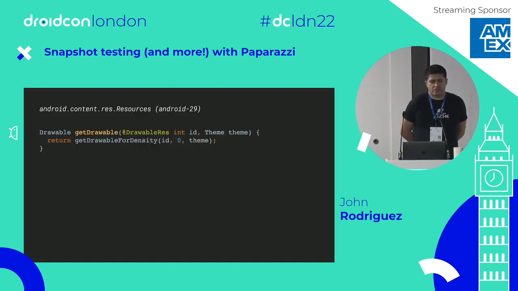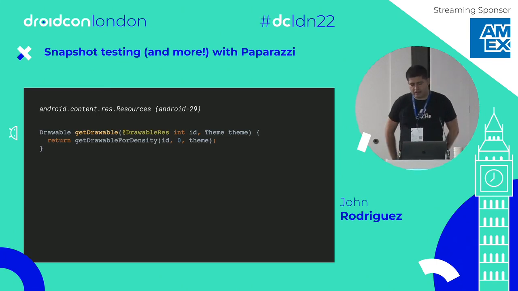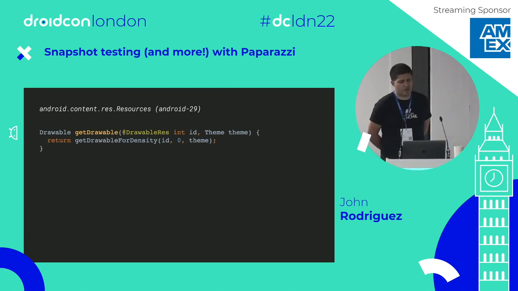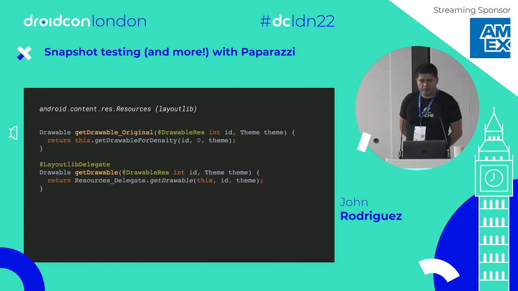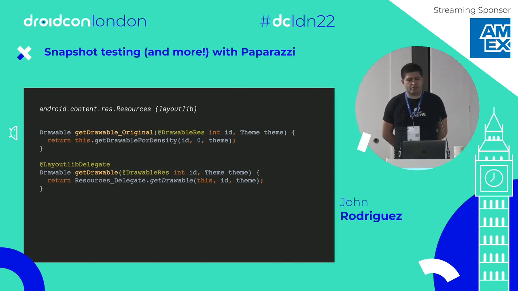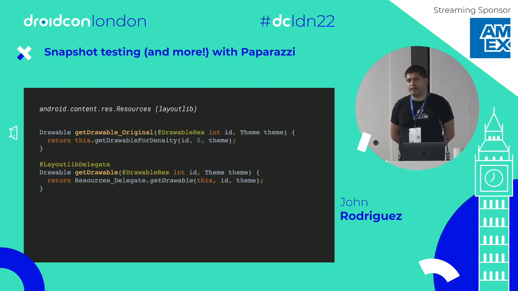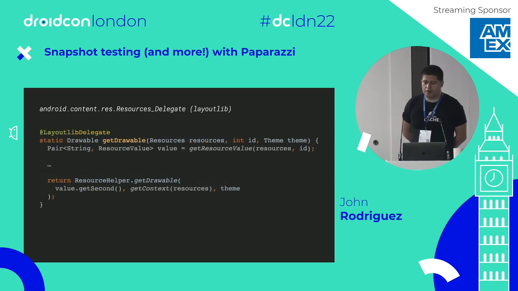Using some DSL configuration, the android.jar, the framework jar, is bytecode processed, and certain methods are intercepted. For example, if we look at resources get drawable in layout lib, every time you look up a drawable, it's intercepted by layout lib and routed to a delegate method that will have a completely different behavior than it would in an APK.